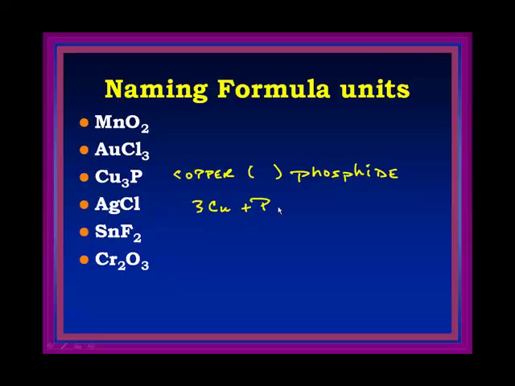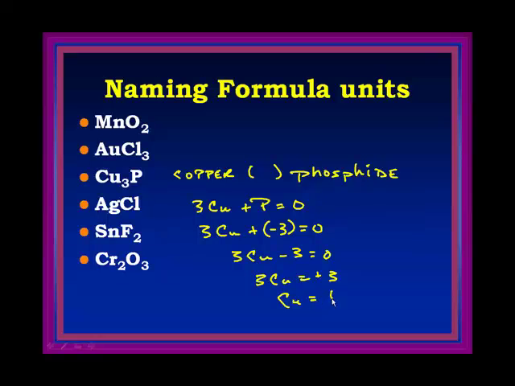coppers and 1 phosphorus, and their total charge has to equal 0. Okay, we don't know what copper is, so we just leave it as 3 Cu. But we do know that phosphorus has a -3 charge. So 3 Cu minus 3 equals 0. 3 Cu equals plus 3.